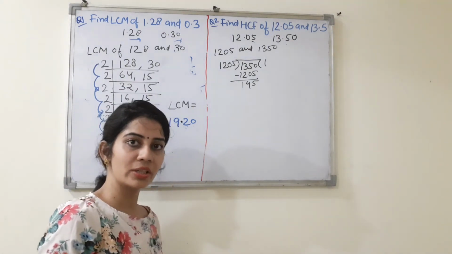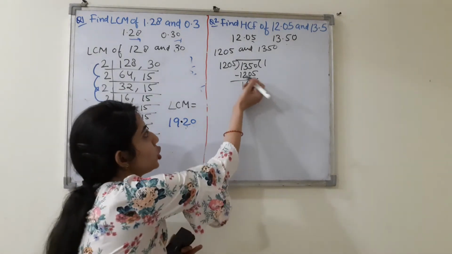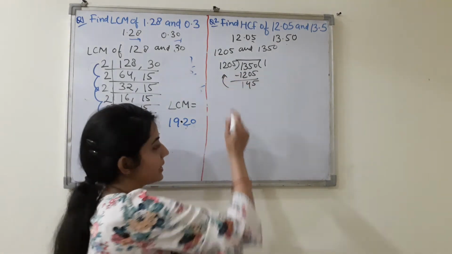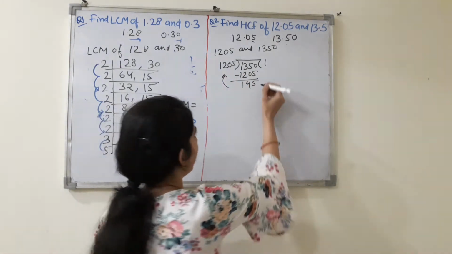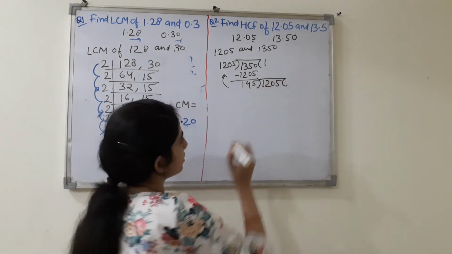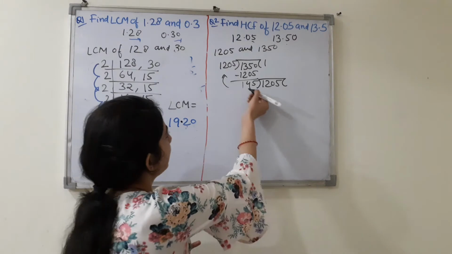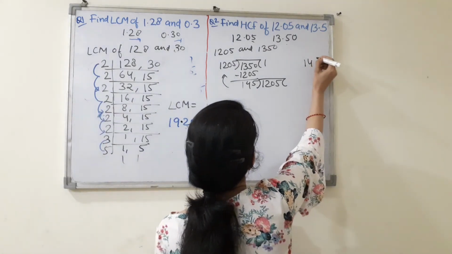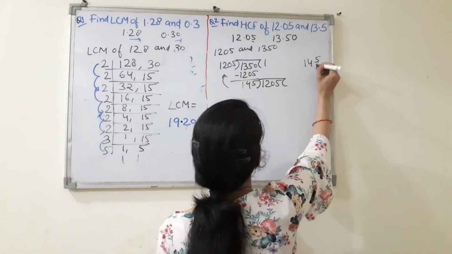Now in the long division method, your remainder becomes the new divisor and your previous divisor becomes the new dividend. So now we divide 1205. It will go around 7 or 8 times. So we can do it 145 by 8.